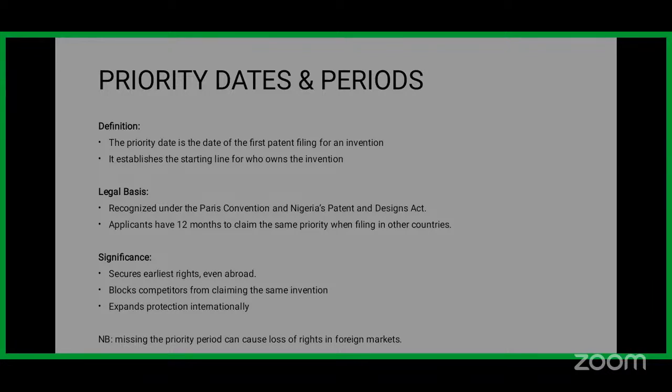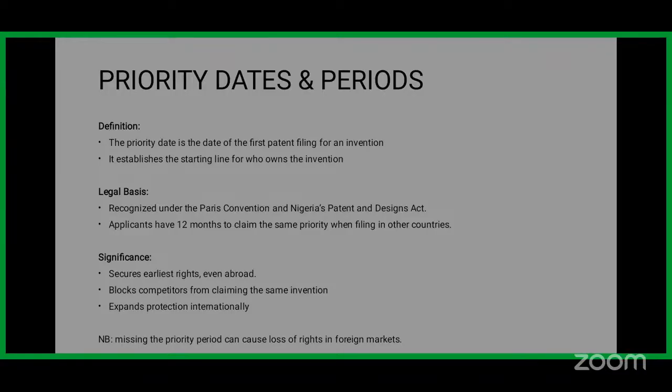Then also it expands protection internationally. Like I said, if a country is a signatory or a member of the PCT, and you have filed in that country, you can also file in Nigeria and claim the date in which you filed in the other country. So it expands protection internationally.